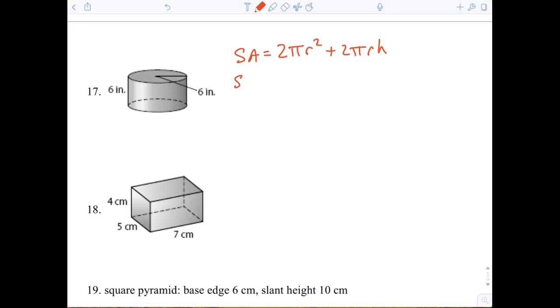So again, just plug in numbers. 2 pi. What's the radius? 6. Right. So somebody tell me surface area is approximately.